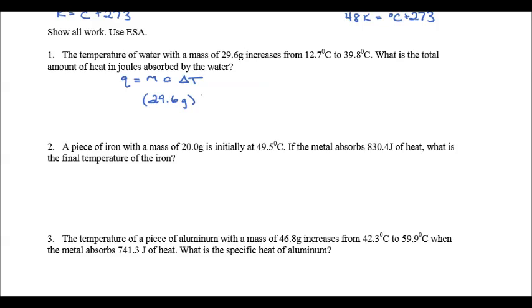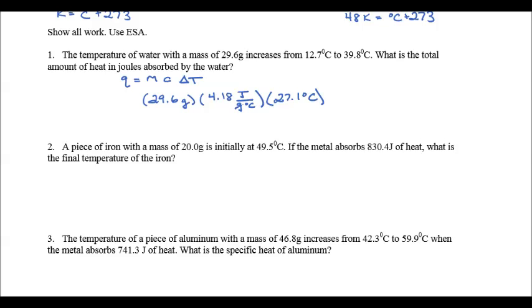The specific heat of water, we can use 4.18 joules per gram degrees Celsius from the chart on the page before. And the difference in temperature, 39.8 minus 12.7, is 27.1 degrees Celsius.